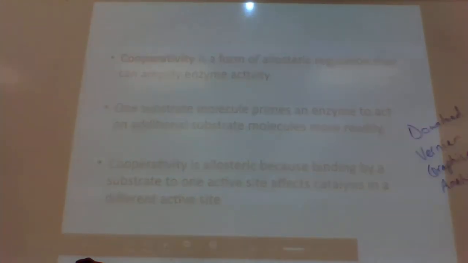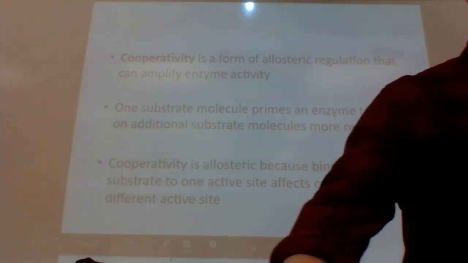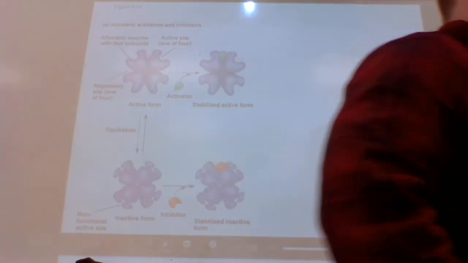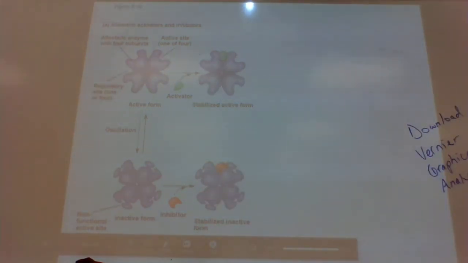Now, last week, I showed you this image of an allosteric enzyme. And when we looked at that allosteric enzyme, how many active sites did we say it contains? 4 active sites. Do we all see that? So when one substrate binds to the active site, how many more substrate can then bind to the active site? 3 more. Do we all see that?